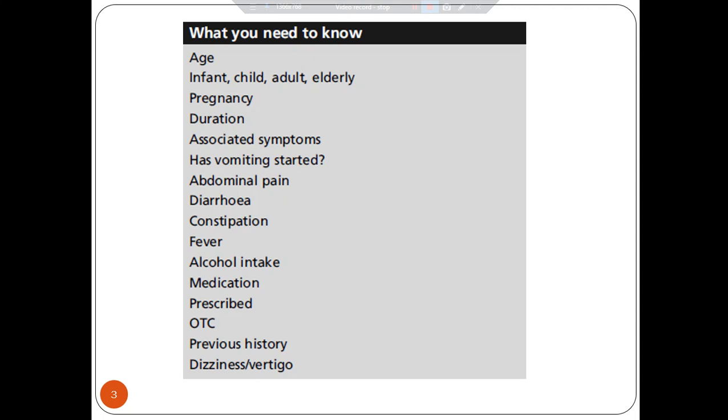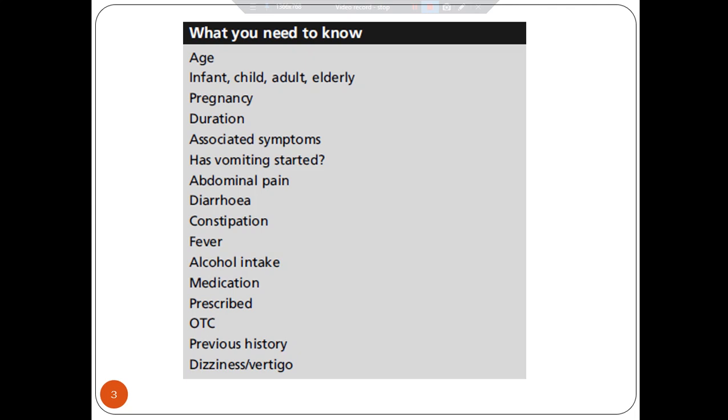You should know also how the vomiting started, because, as I mentioned, if it has already started, there is no OTC medication, and you should refer this patient. Is there any abdominal pain, diarrhea, constipation, fever?